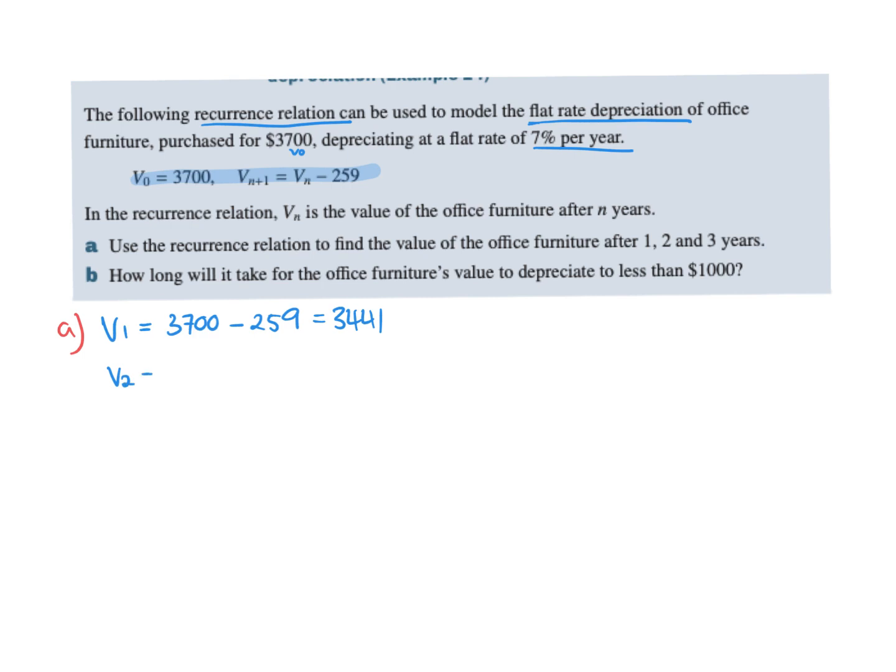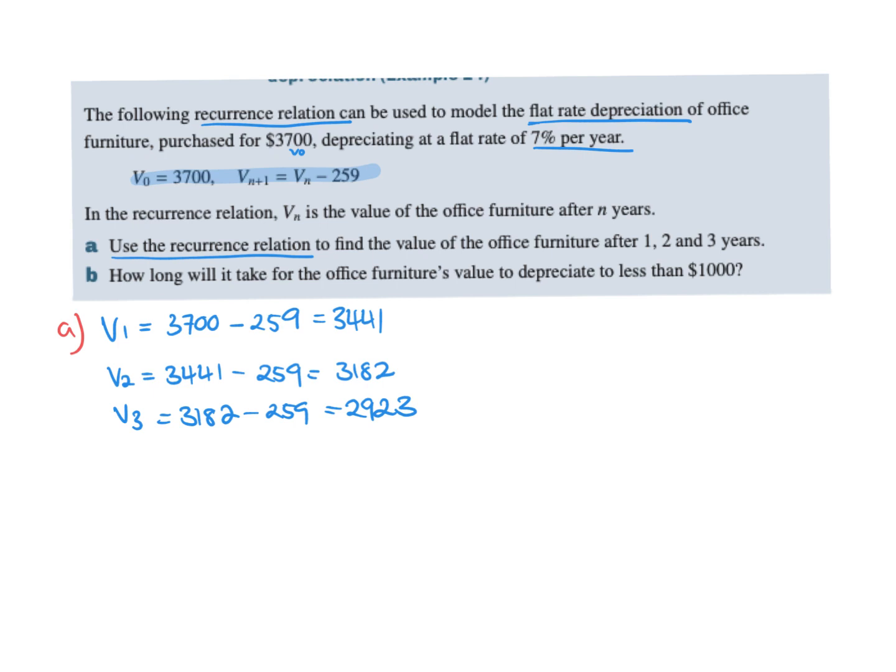Then we have to show that V2 is that number minus that number, which is 3182. And then we show the last one, V3, is the one before minus 259, which is 2923. Okay, so that is me using the recurrence relation to show the value after 1, 2, and 3 years.